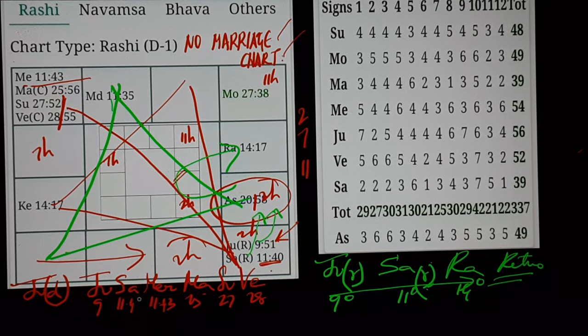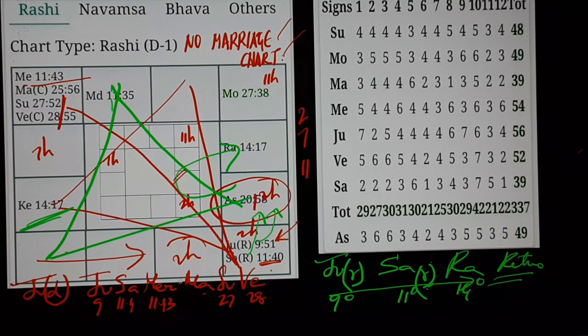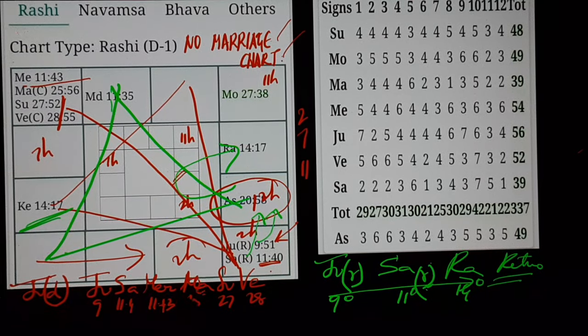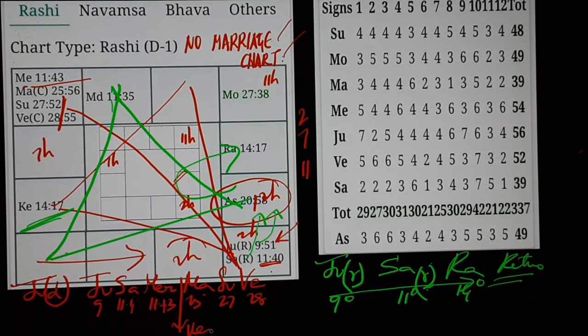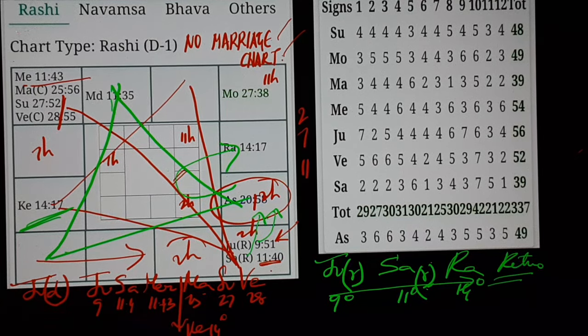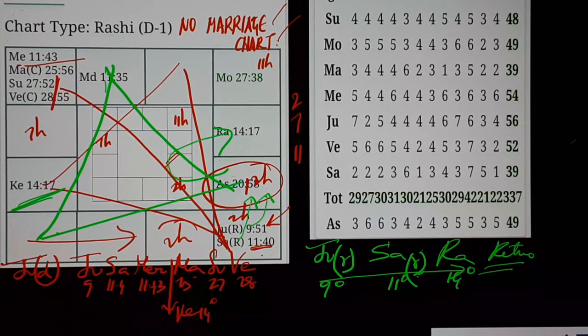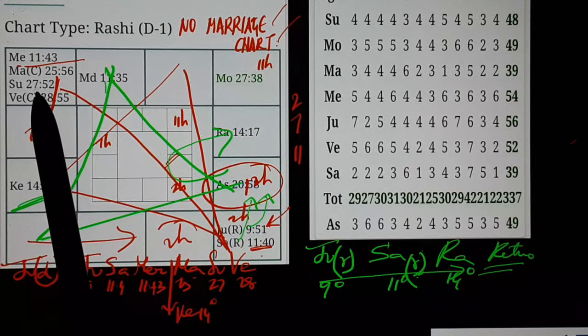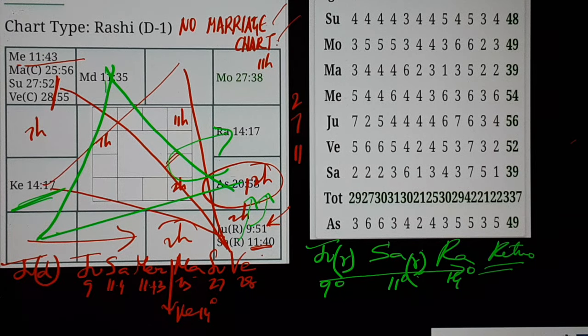Here we forgot to write Ketu, and Ketu comes at 14 degrees, which is between Mercury and Mars. We should include Ketu also in the string. Since all the planets are concentrated in this house, we need not again write strings for Mercury, Mars, Sun, Venus, Saturn and Jupiter, because the string is common.